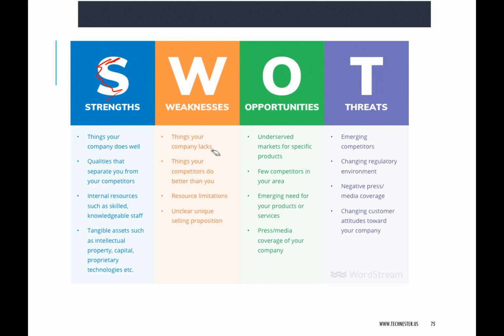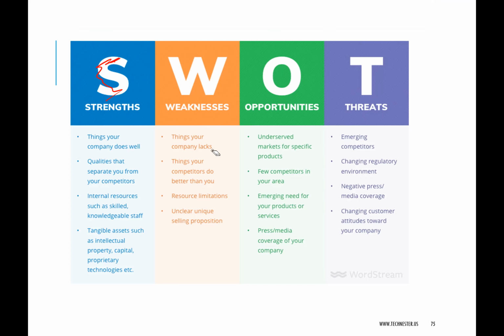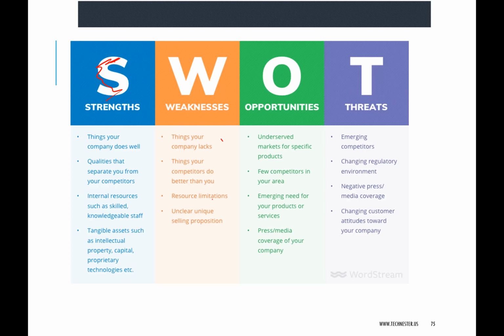What are our limitations in terms of resources? What is unclear about our USP, our unique selling proposition? What's not clear about our vision, about our objective, about our goal? Those are weaknesses, and there can be many more.